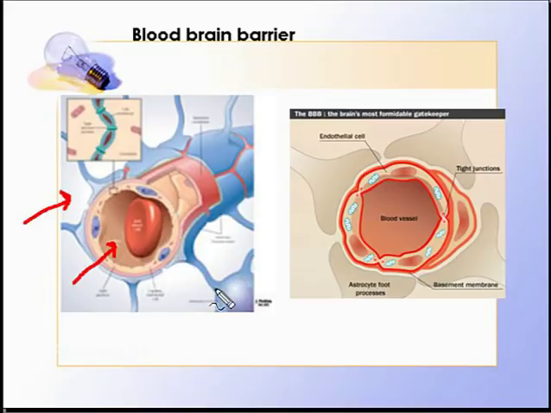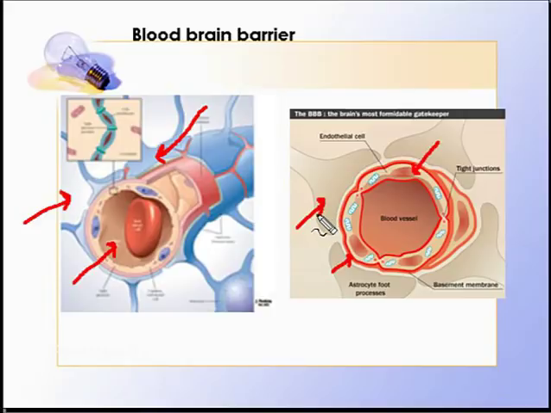You can see these are the astrocytes. If you remember, those astrocytes had their processes sitting on the capillaries. So in this picture, you can see the endothelial cell of the capillary, the basement membrane surrounding it, and then these are the foot processes of the astrocytes.